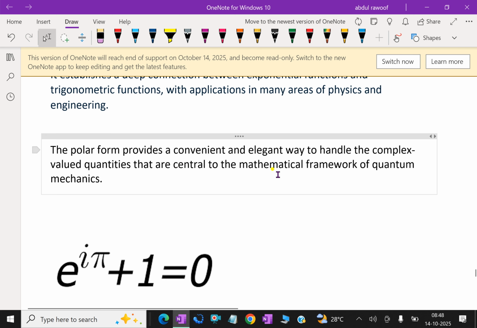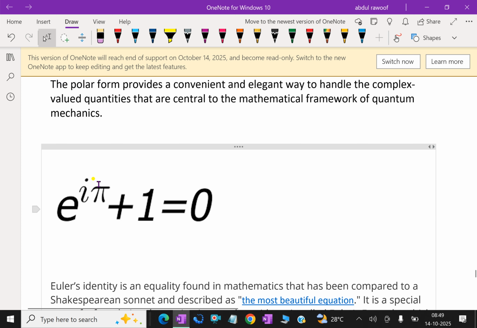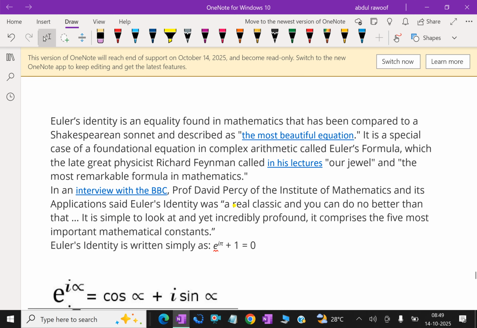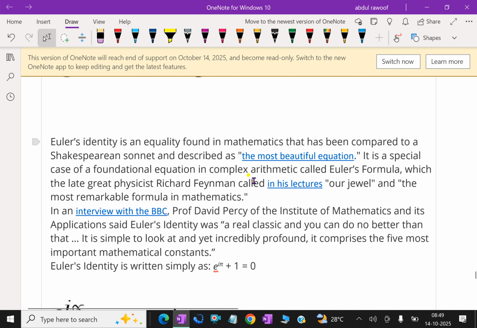It establishes a deep connection between exponential functions and trigonometric functions, with applications in many areas of physics and engineering. The beautiful Euler's equation is e power i pi plus 1 equal to 0. It is called Euler's identity, an equality found in mathematics that has been compared to a Shakespearean sonnet and described as the most beautiful equation. It is a special case of the foundational equation in complex arithmetic called Euler's formula, which the late great physicist Richard Feynman called in his lecture our jewel, and the most remarkable formula in mathematics.